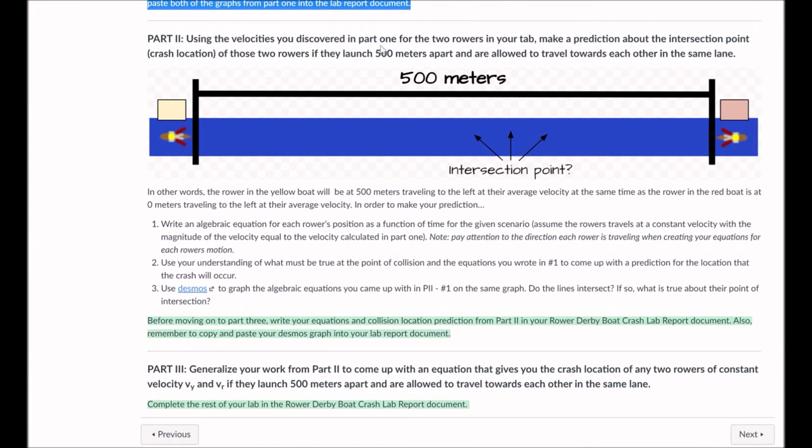If you look at the instructions, you're going to use the velocities you discovered in part one, those constant average velocities that you calculated in the spreadsheet, to predict the crash location of the two rowers. Let's say you and your partner are rowing straight towards each other. Predict where they're going to meet or crash.